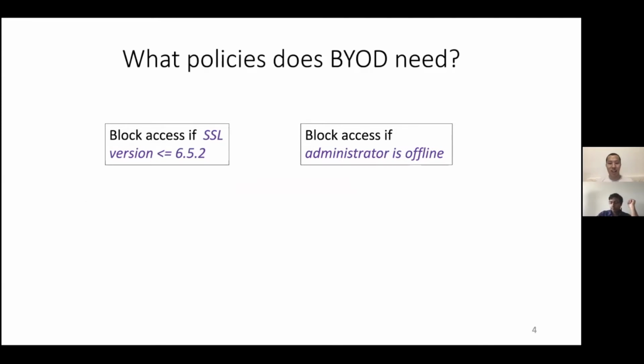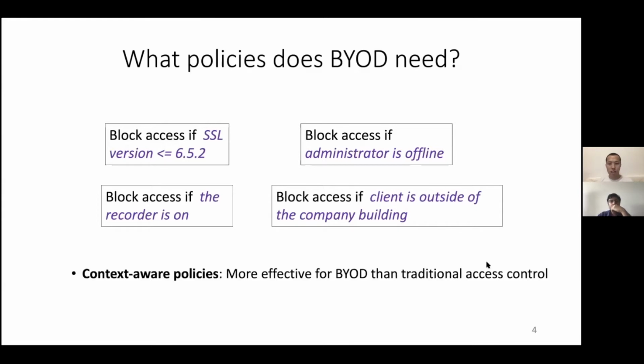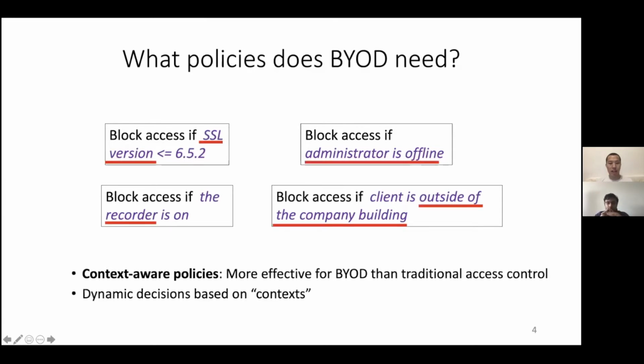And block access if the recorder is on because you might be recording some sensitive data, and some other policy might rely on the GPS location. We call this class of policies context-aware policies because they rely on dynamic context, and they have been shown to be effective in the BYOD security scenario.